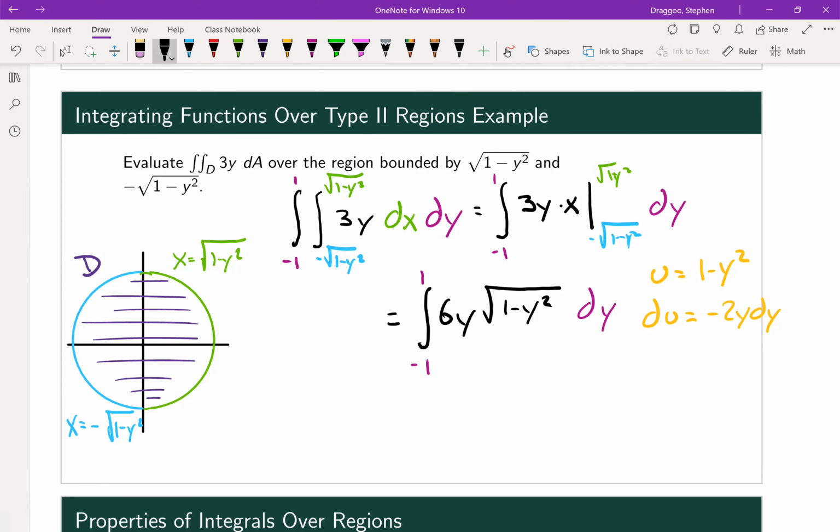So if we reorganize that integral, we'll be doing 3 times the integral of, let's actually call that -3, because we're going to need a negative to come out of here as well. So -3 times the square root of u times du.